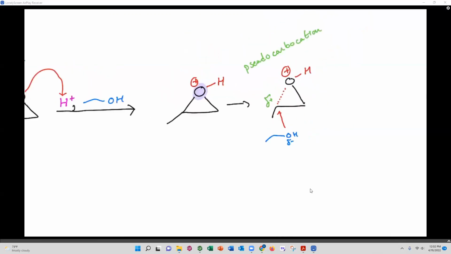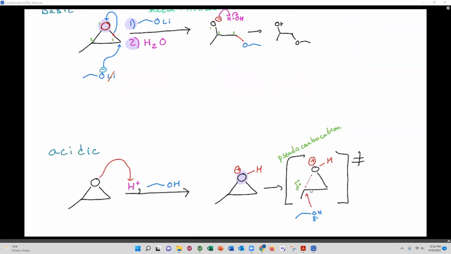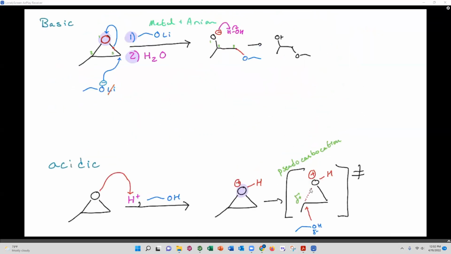Now, again, this is kind of a side note as to why we see this type of regioselectivity. Under basic conditions, there's nothing special here. It's just going to go through the path of least resistance, in other words, the path of least sterics.